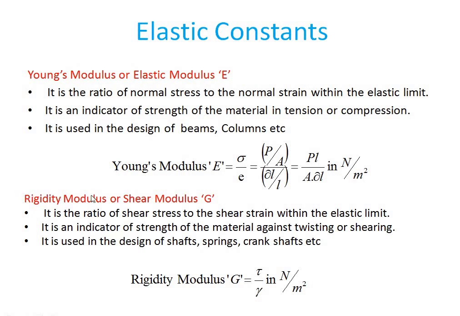Now the rigidity modulus or shear modulus is normally represented by the letter G. We can also use the letters C and N as its representation; in some places we use C, in other places N. Now let's use the letter G for rigidity modulus or shear modulus.